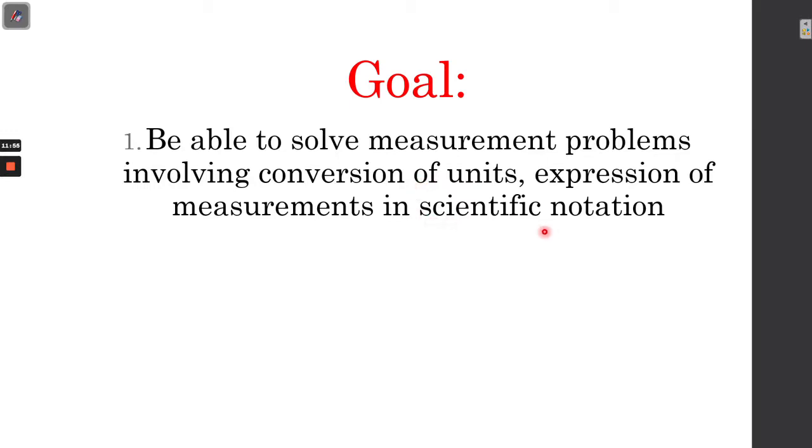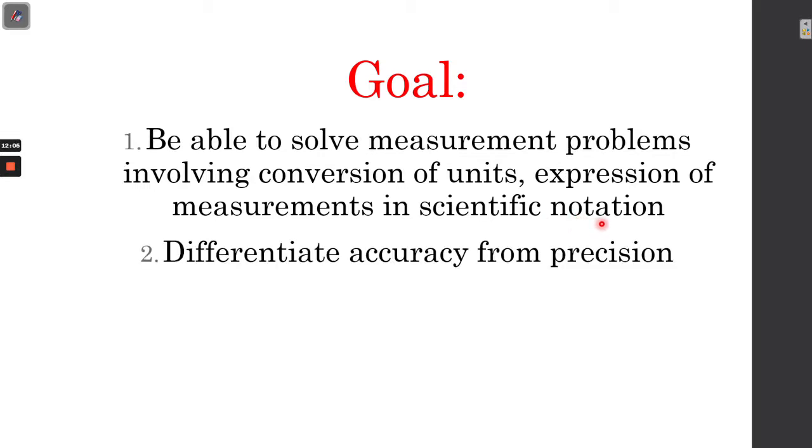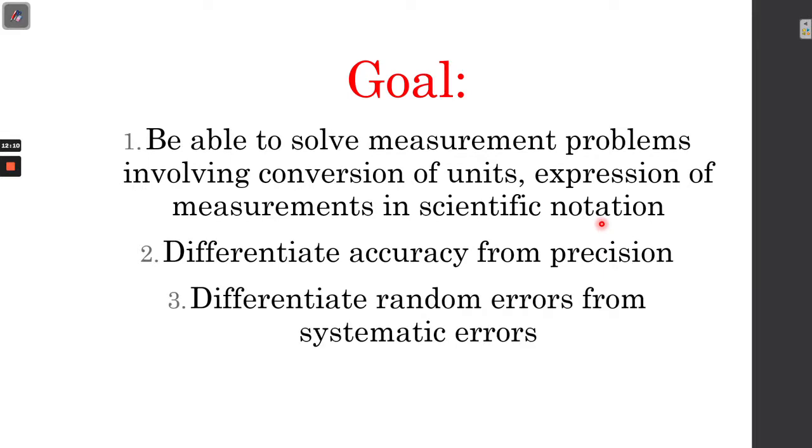At the same time, we'll be able to understand how to write longer numbers or longer quantities into simpler ones using scientific notation. We'll also be able to differentiate accuracy from precision and random errors from systematic errors.